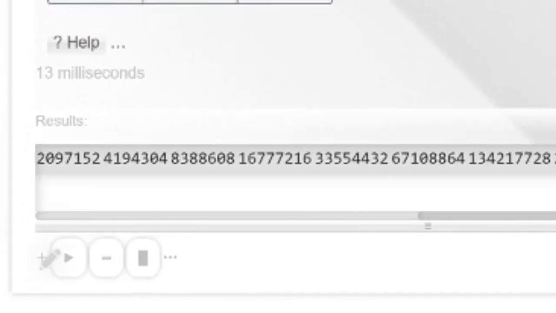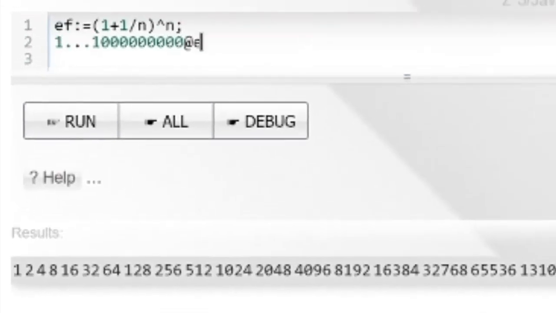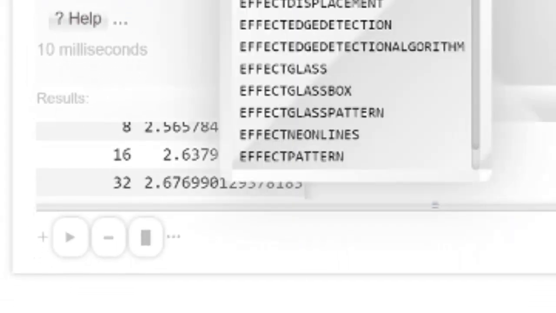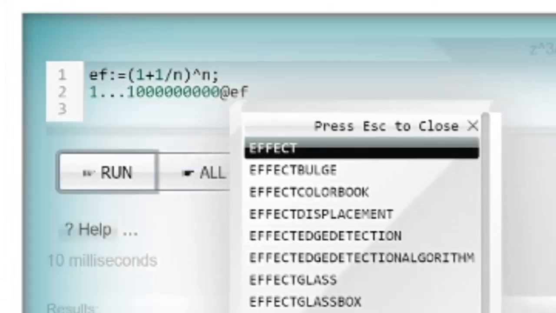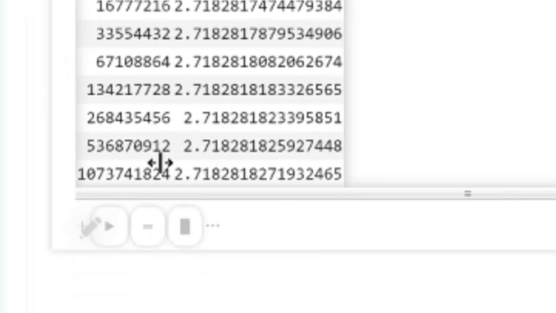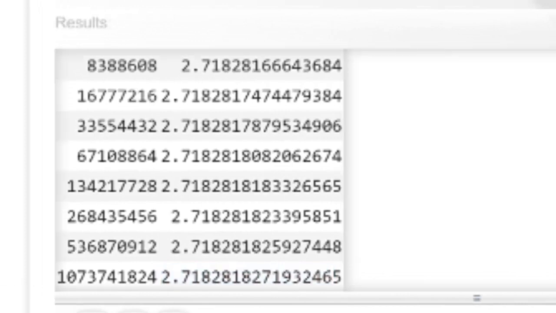It's basically an ever increasing series up to a billion, and we can run this function ef on those to see how the value of e increases with the number of n that you're considering. So you can see that once it reaches about a billion, it reaches 2.7182812 and so forth, which is very close to the value of e.